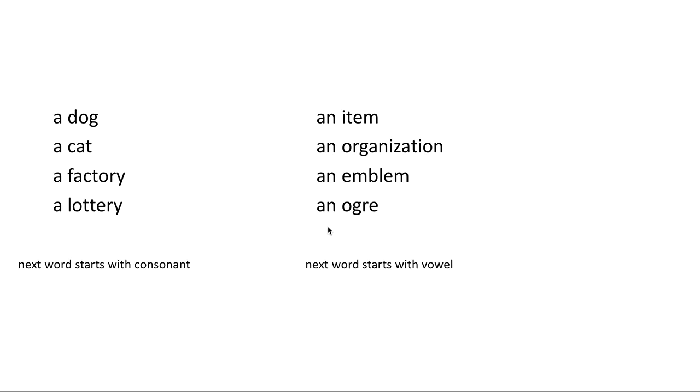The an allomorph with the nasal inserted occurs before a vowel, and the a allomorph without the nasal occurs before a consonant. That's an example of allomorphy. Allomorphy helps us realize that phonology and morphology are two different levels of linguistic structure, but they're highly related and intersect in various ways.